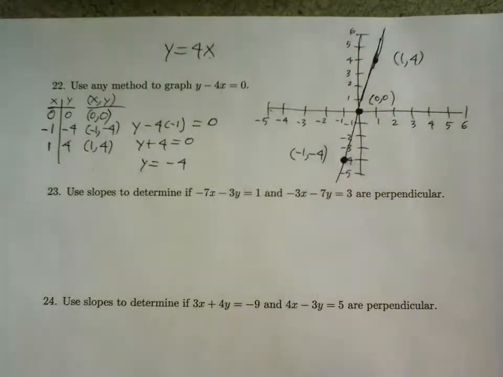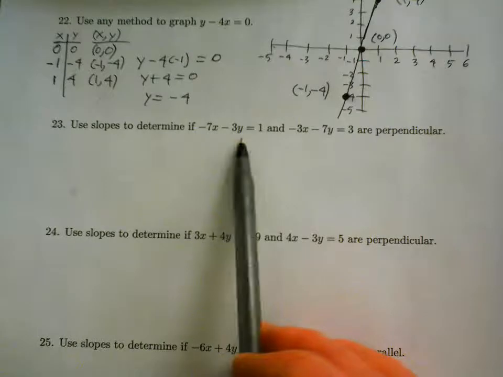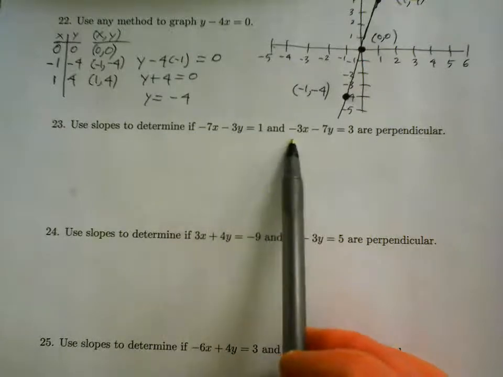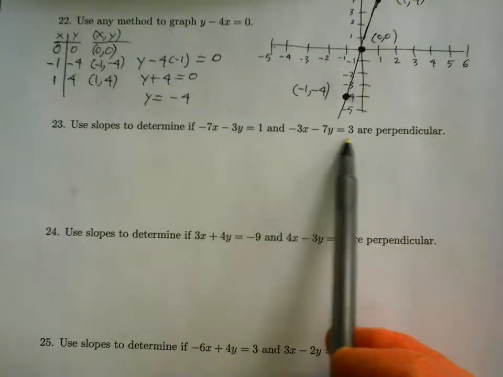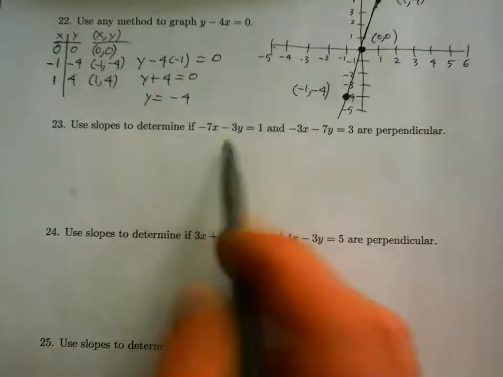Okay, number 23. Use the slopes to determine if the two lines are perpendicular. -7x minus 3y equals 1, and -3x minus 7y equals 3. So let's just find the slope of each of those.